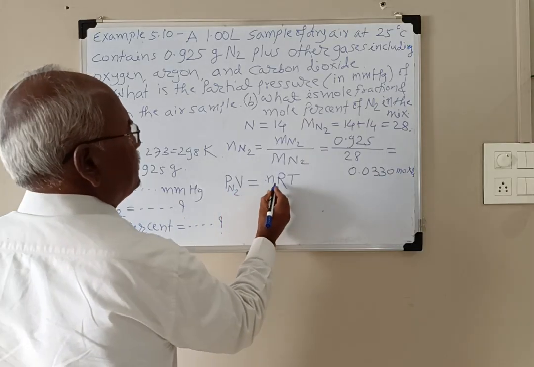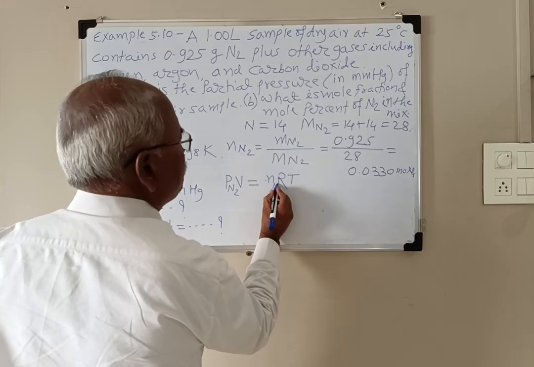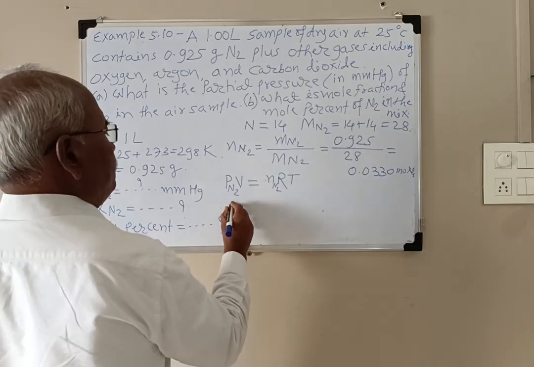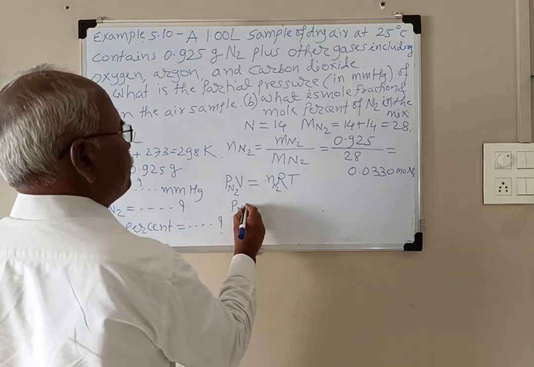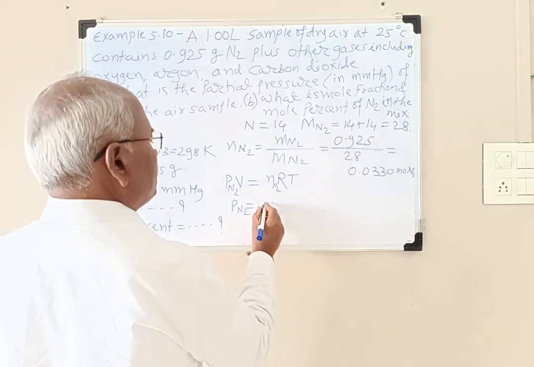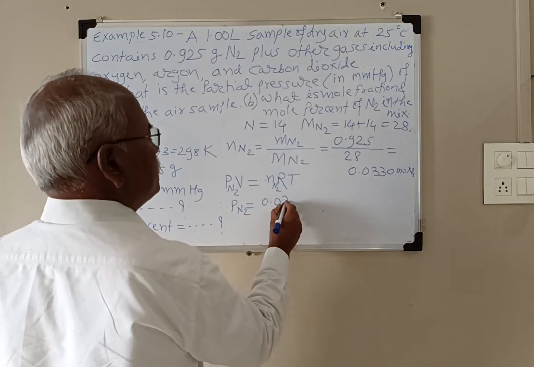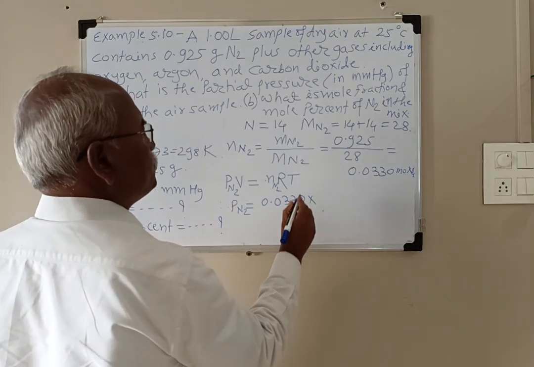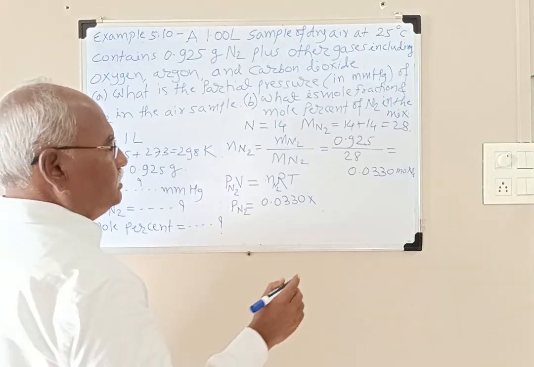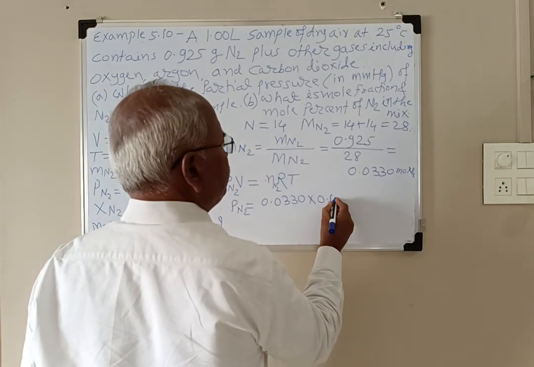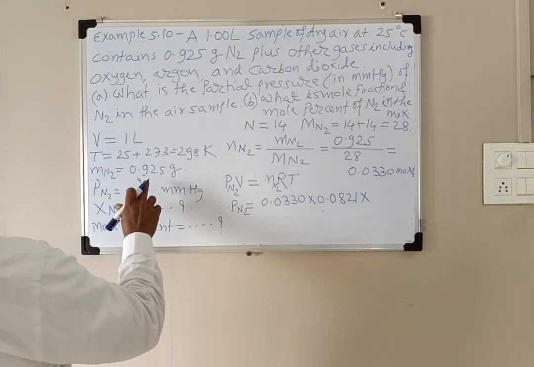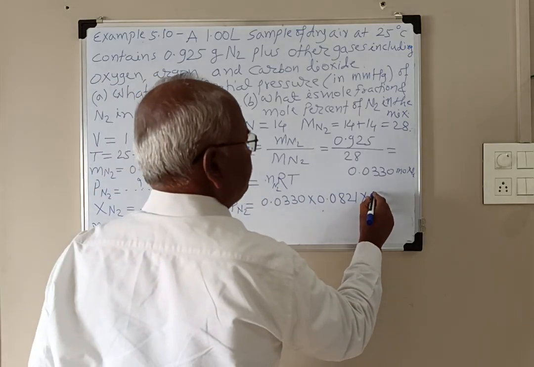So PN2 is equal to nN2 RT upon V. Therefore, the partial pressure of nitrogen is equal to moles of nitrogen 0.0330 into the molar gas constant, it is constant, you know its value, 0.0821, into temperature 298 Kelvin.